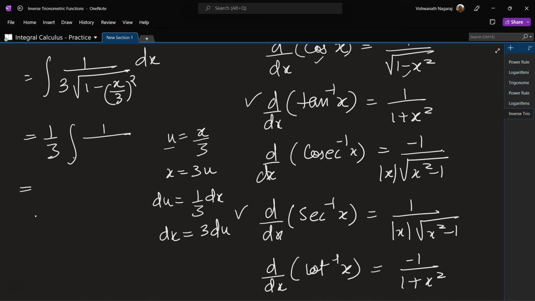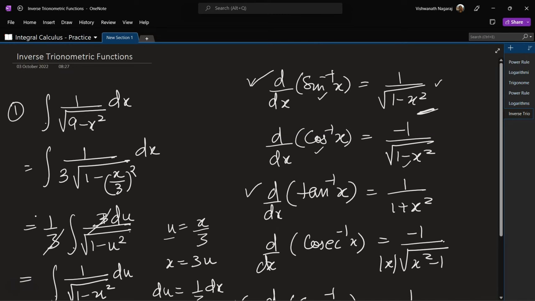Okay, so let's see what happens here. 1 by 3 we have taken it out, so we get 1 by square root of 1 minus u square, and instead of dx we write 3 du. Now here 3 and 3 cancel out, and we are left with 1 by square root of 1 minus u square du, which is exactly the form we needed.